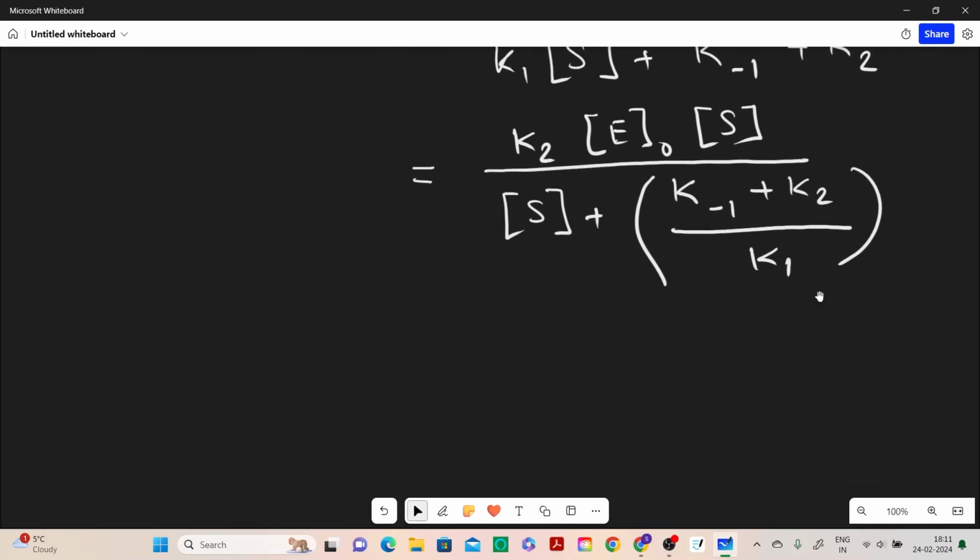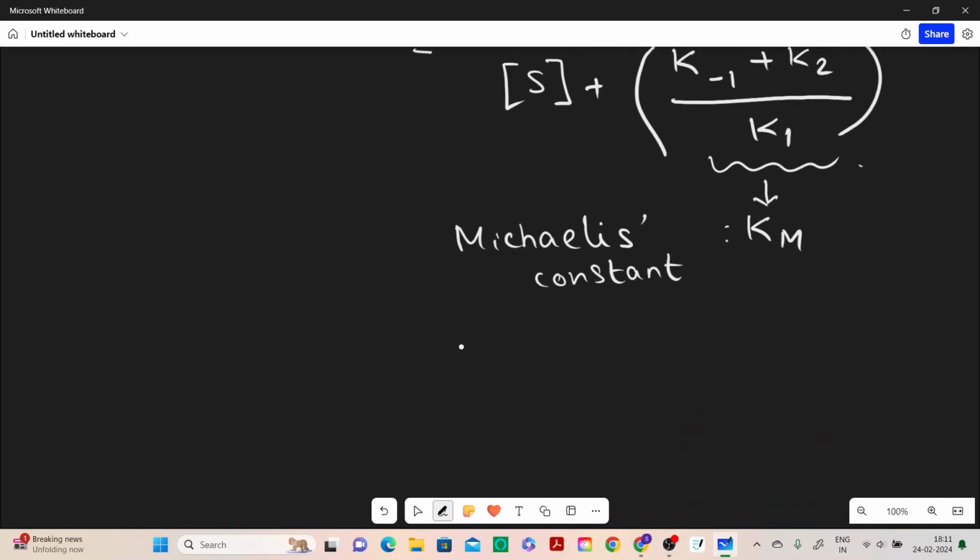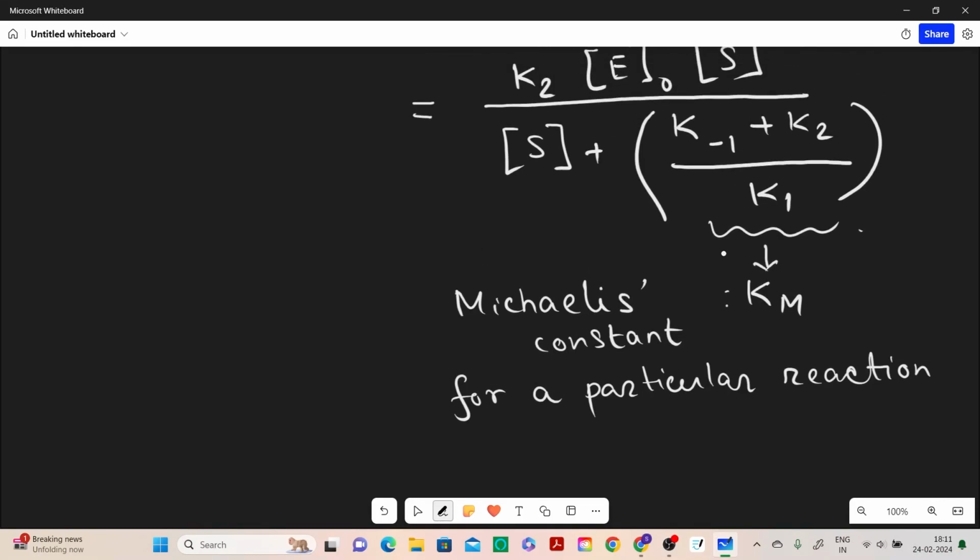This particular term is known as Km, which is basically called the Michaelis constant for a particular reaction. So this is not the same for all reactions, as you might imagine, because K1, K minus 1, K2 are different, but it is a constant for a particular reaction.